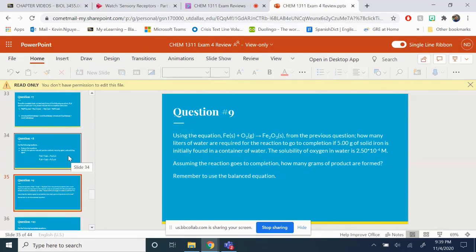Assuming the reaction goes to completion, how many grams of product are formed? So it looks like we have excess oxygen. This one's a little tricky, but it's not undoable. Grams of product, so remember to use the balanced equation.